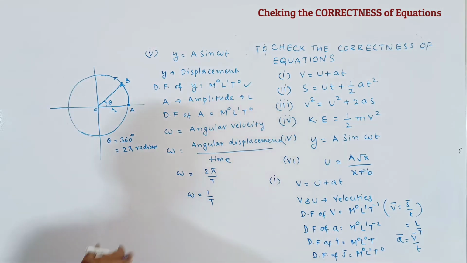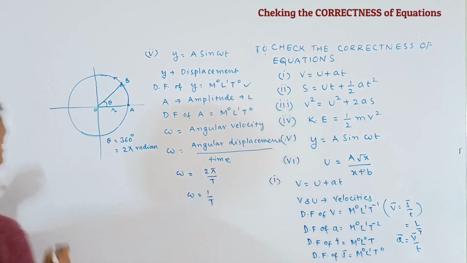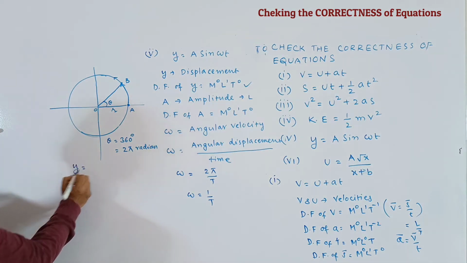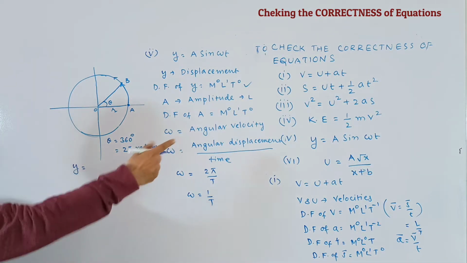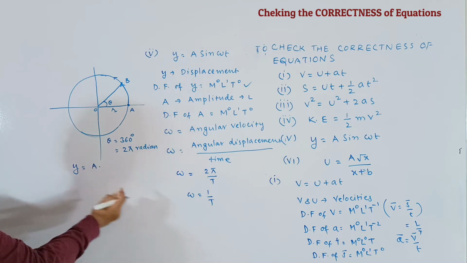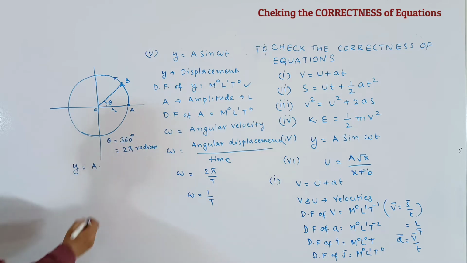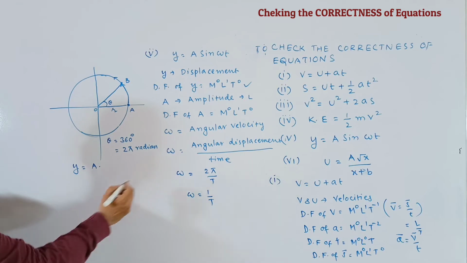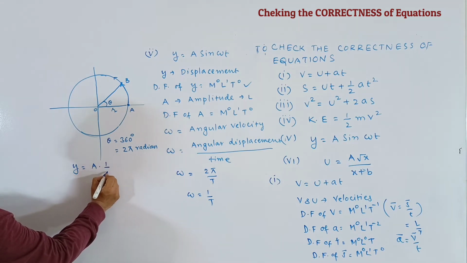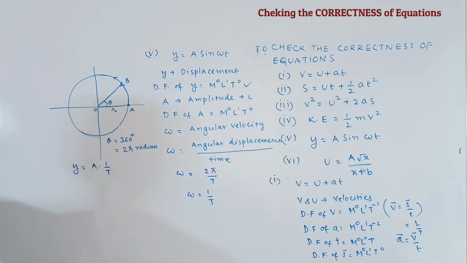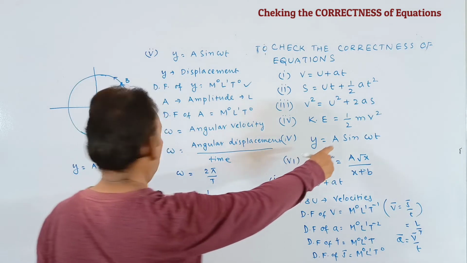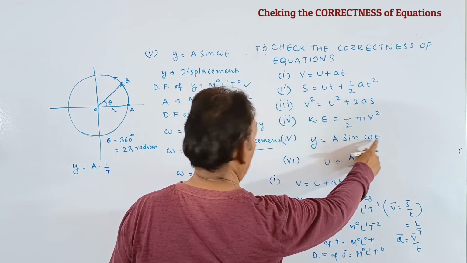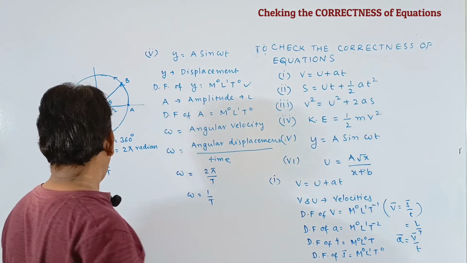Now I'm substituting this value in that equation. Y is equal to a into, we are neglecting the sine, it is the angle, omega t is 1 by t. Don't ask me where it went.